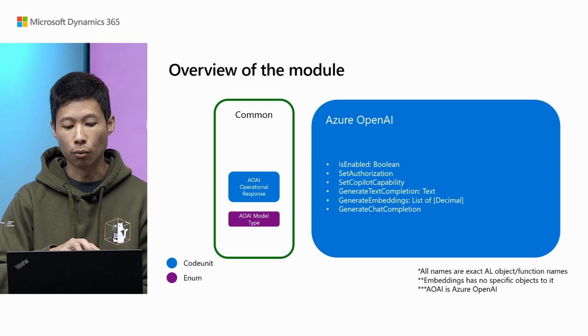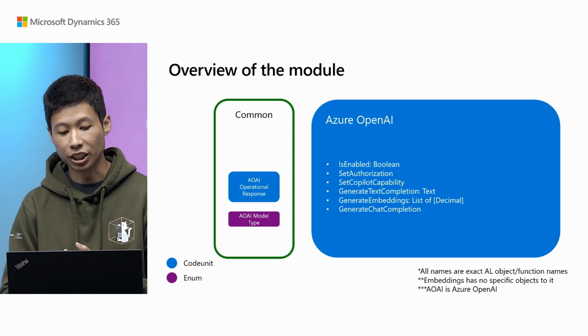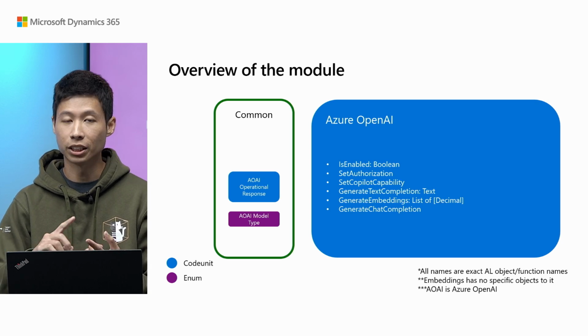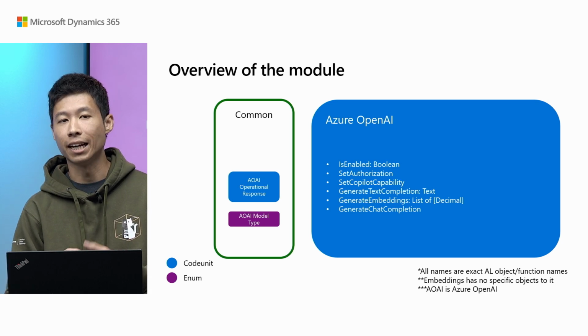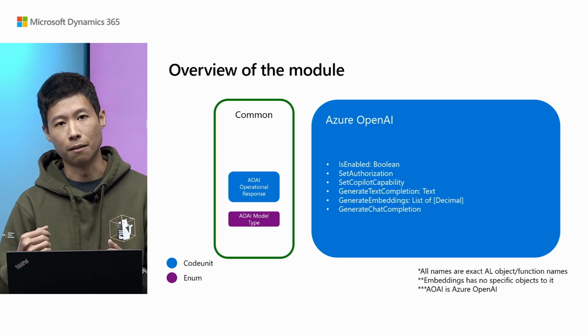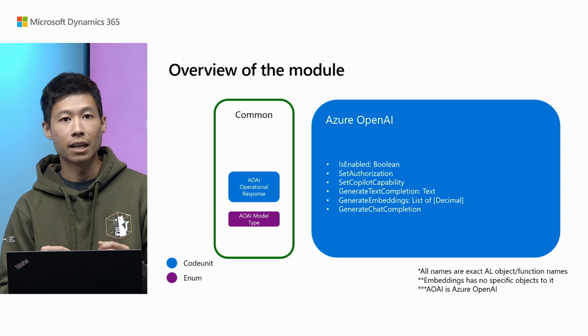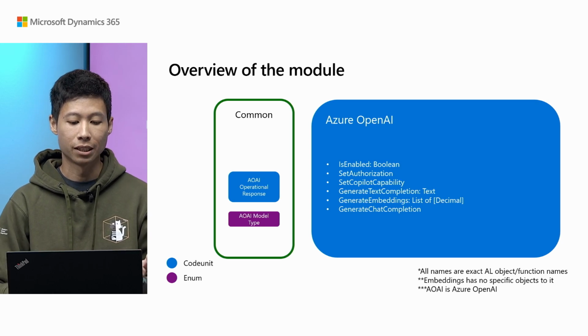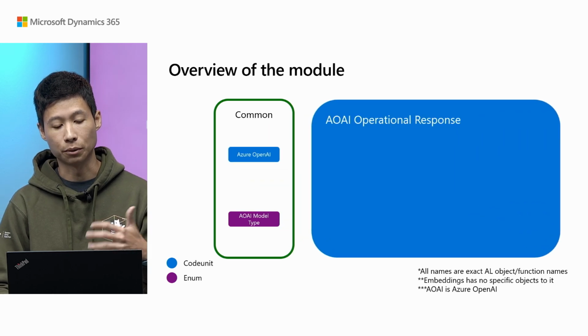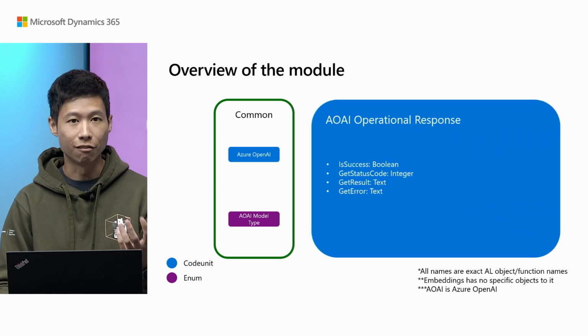You might want to take a note here that text completion and embeddings do return values. In the case of text completion, it returns a text, and this is the exact output that you would expect from the generation. However, if you were to use the Azure OpenAI operation response, as I would show you here, you're also able to get the result.